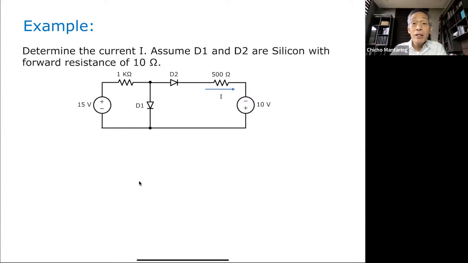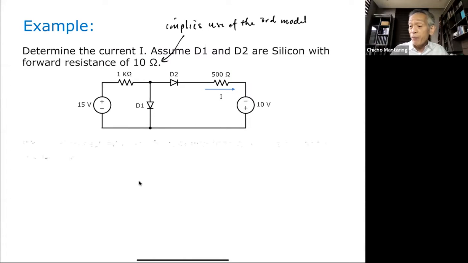Because a forward resistance is specified, this implies the use of the third model. Kasi na-specify yung forward resistance.